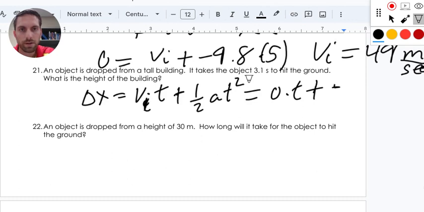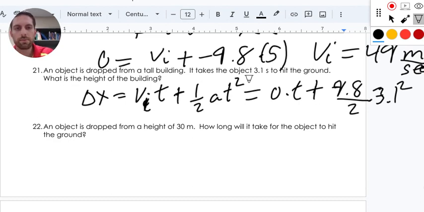We're going to use positive here because we don't want negative, over 2 times 3.1 squared. We plug our values in and we should get 47.089. I'll just do 47.09 meters for space.